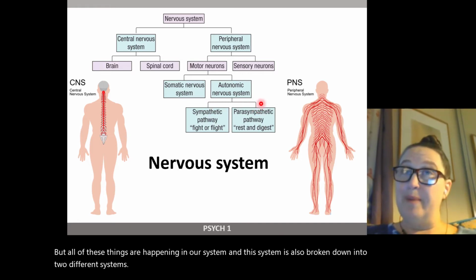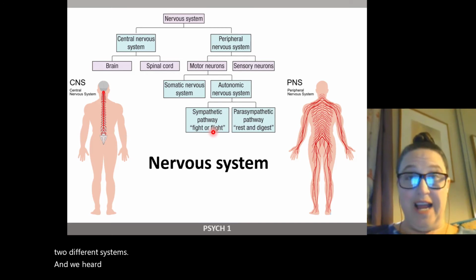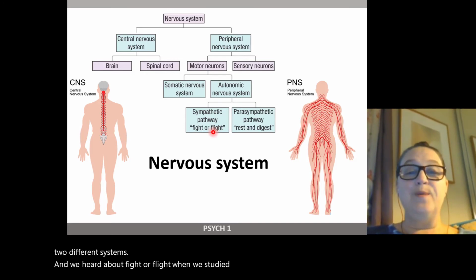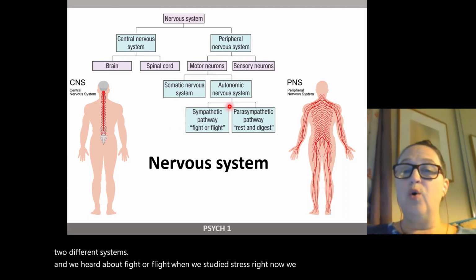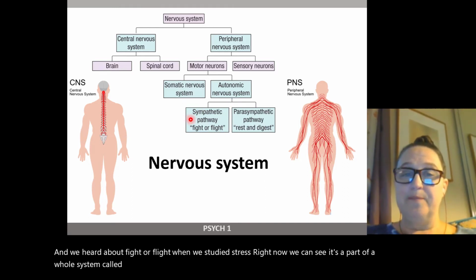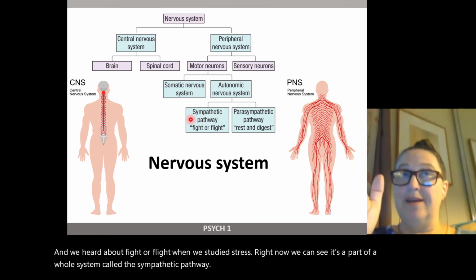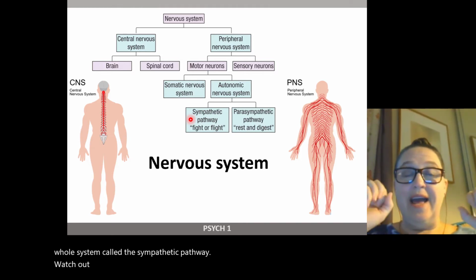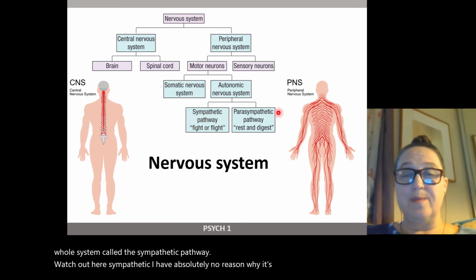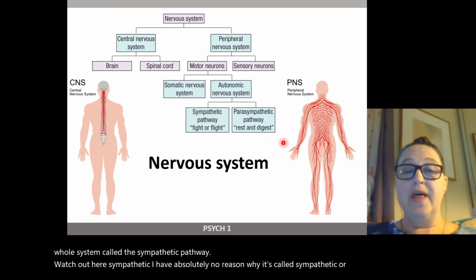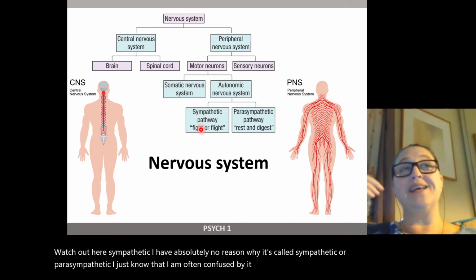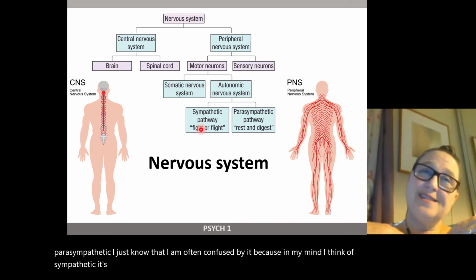And we heard about fight or flight when we studied stress. Now we can see it's a part of a whole system called the sympathetic pathway. Watch out here. I have absolutely no reason why it's called sympathetic or parasympathetic. I just know that I'm often confused by it, because in my mind, I think of sympathetic as, oh, that's nice, that's lovely.